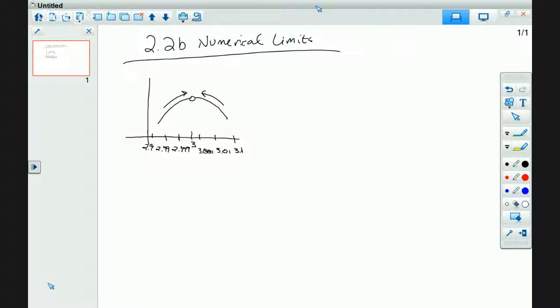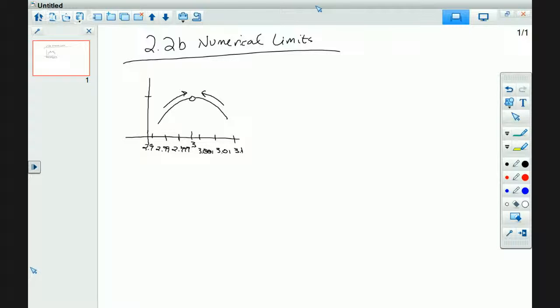So we're going to numerically analyze all these values heading towards 3, and we're going to see what that y value becomes. Because a lot of these functions, you can't graph them and see it. The more you zoom in, it just keeps doing the same thing. You can't isolate a point.